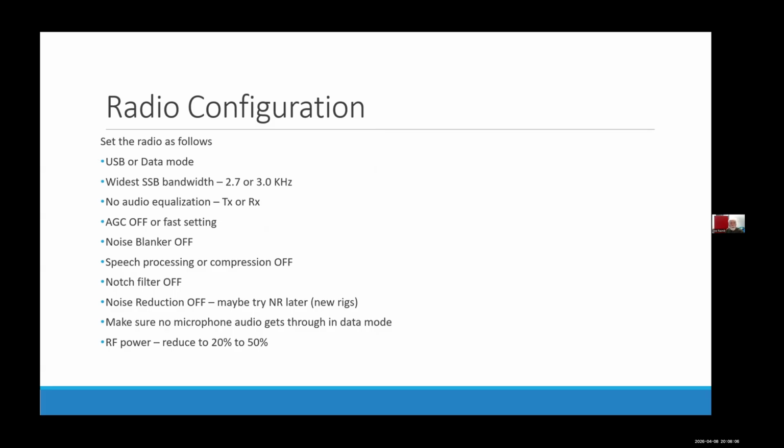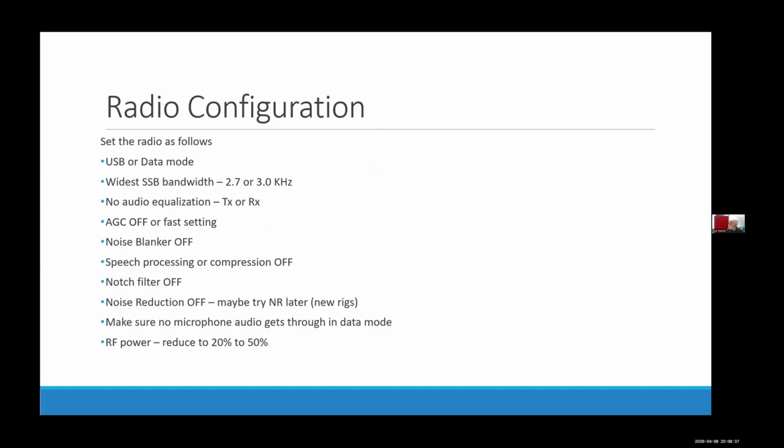Normally, you would set your radio to upper sideband, or if it has a data mode, you use that, because usually if you have a data mode, that means that all these other things you can set once and forget and then go back to whatever you want for voice for single sideband when you're done. Use the widest single sideband bandwidth, which is normally 2.7 or 3 kilohertz. And I'll talk about that a little bit later too.